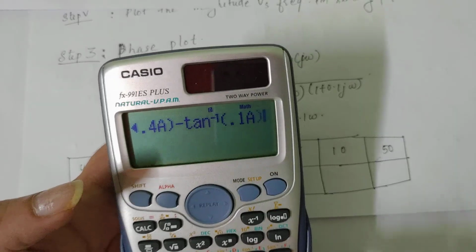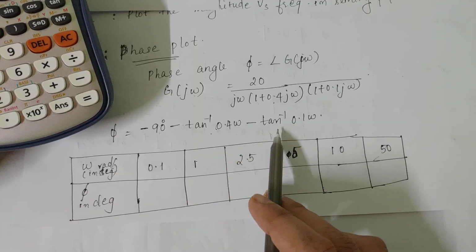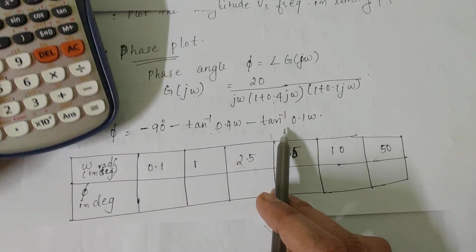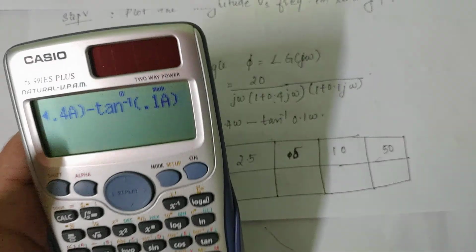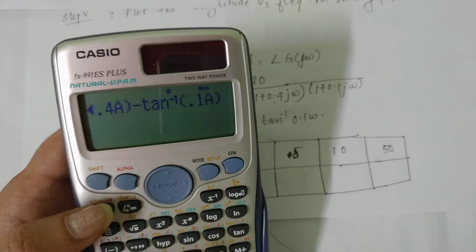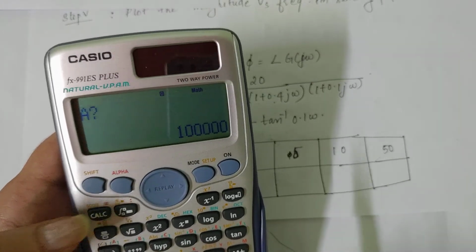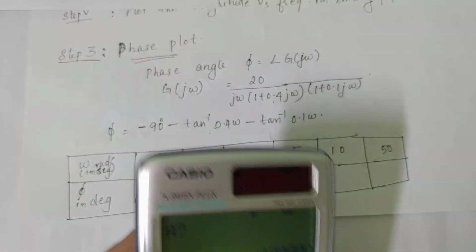Minus 90 minus tan inverse 0.4 omega minus tan inverse 0.1 omega. I am taking it in degrees, and in the omega place, I am giving it as alphabet a. Okay, this is my equation. Then just press the calculation and give the values.